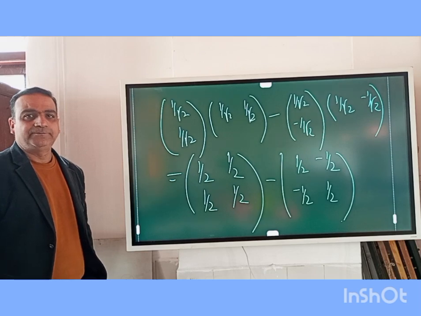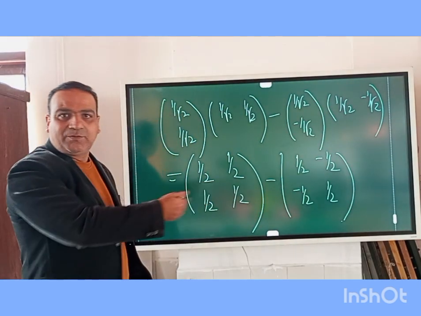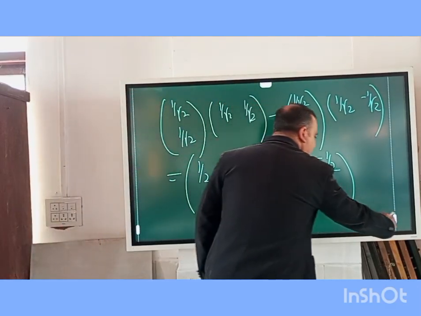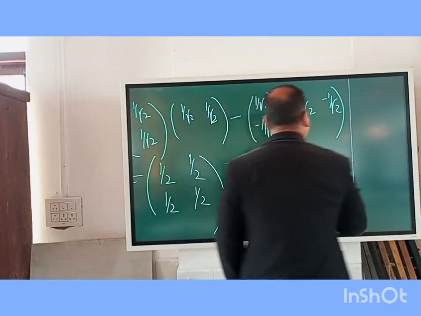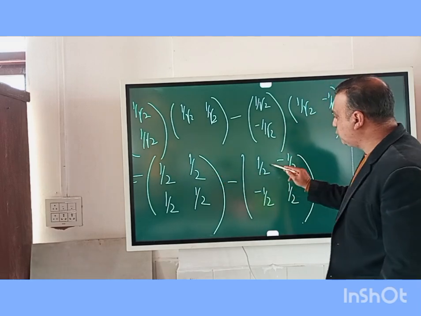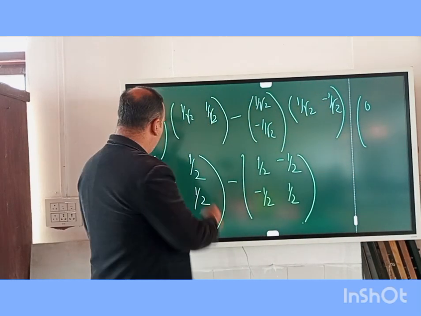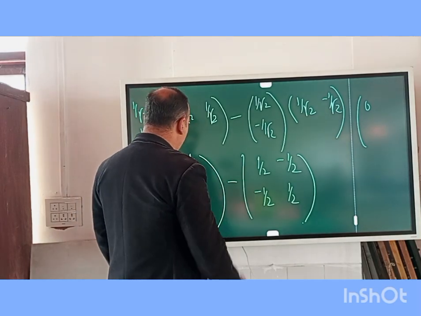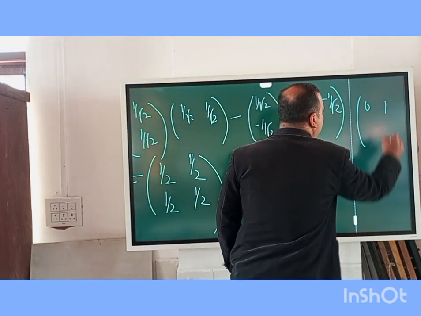Finished? Okay. So now all I have to do is subtract the two matrices. So here, 1 by 2 minus 1 by 2 will give me 0. Then 1 by 2, minus minus is plus, so this will give me 1.